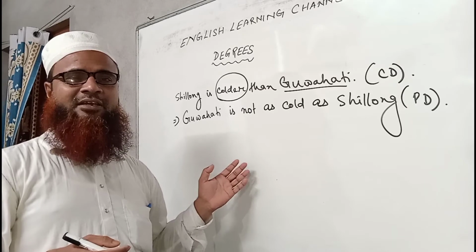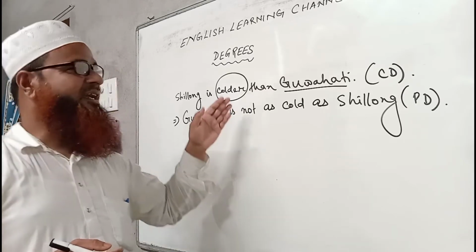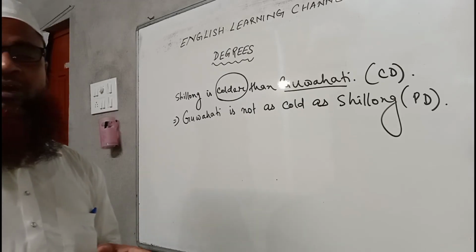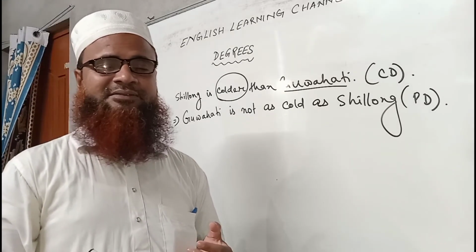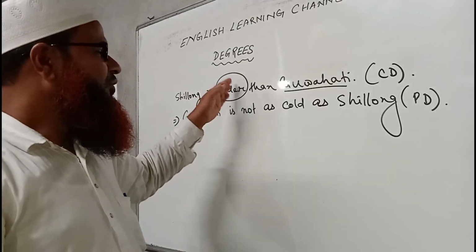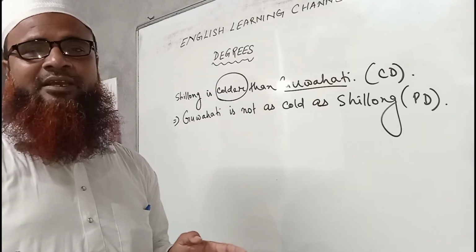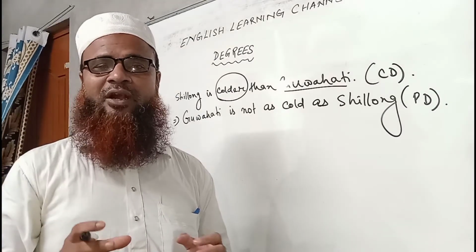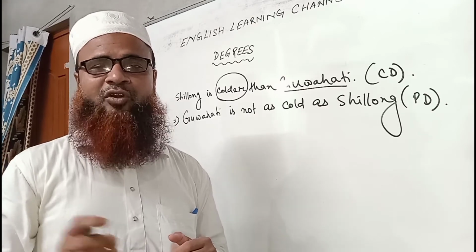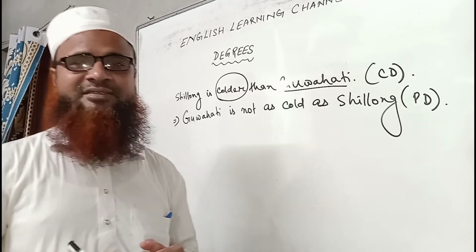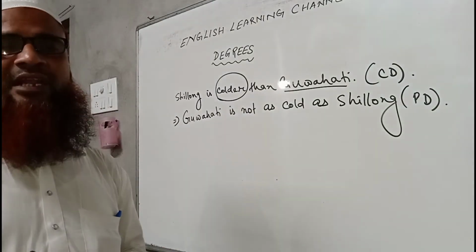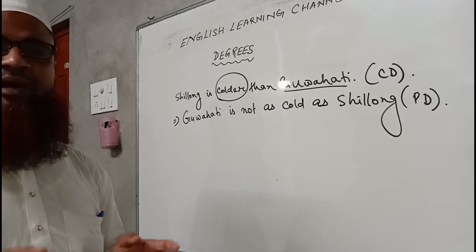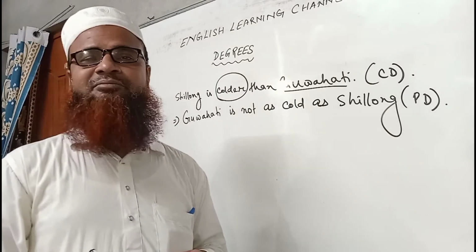Now I am going to tell one thing for your remembrance: when we add ER and EST to make comparative and superlative degree. When the word is very small and monosyllabic, having only one syllable or maybe two syllables, then we make them comparative and superlative by adding ER and EST after the adjective.